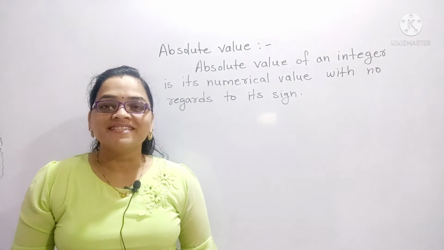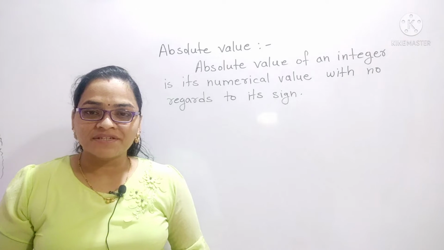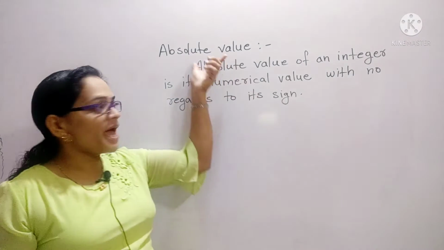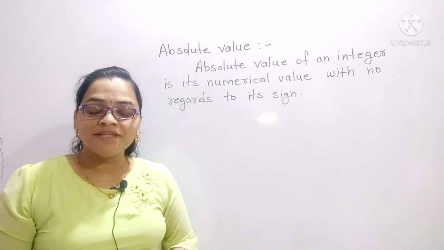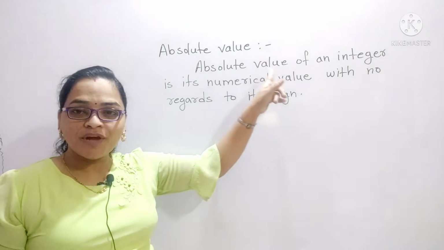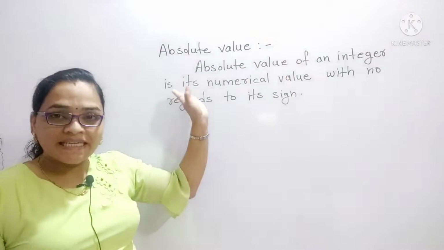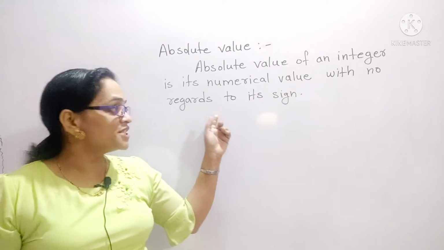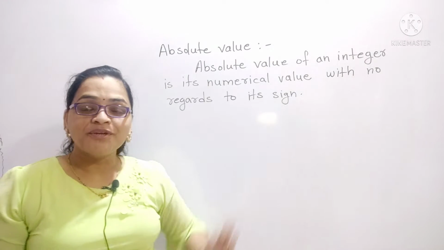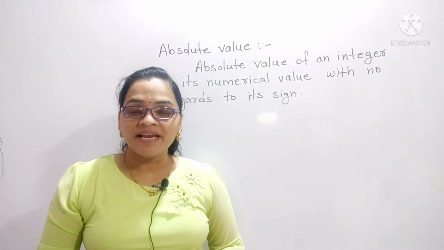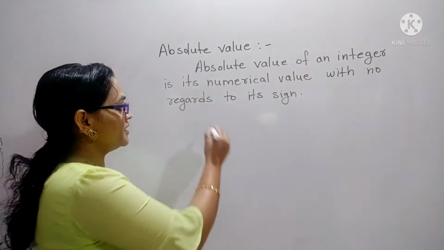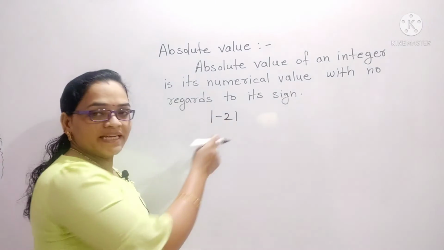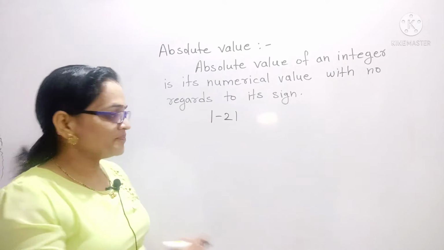Before going to discuss rules of multiplication of integers, we should know about the absolute value. What is the meaning of the absolute value? Absolute value of an integer is its numerical value with no regard to its sign. While writing the absolute value of the given integer, we have to put two vertical lines on either side of the integer.